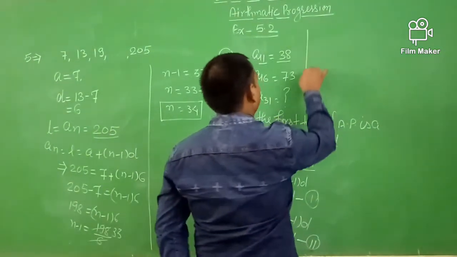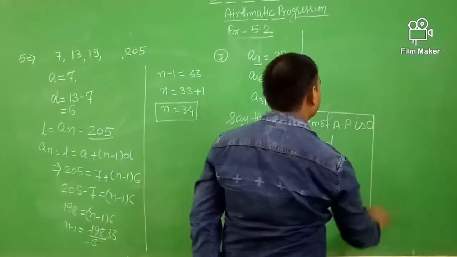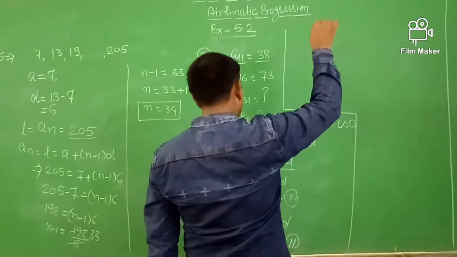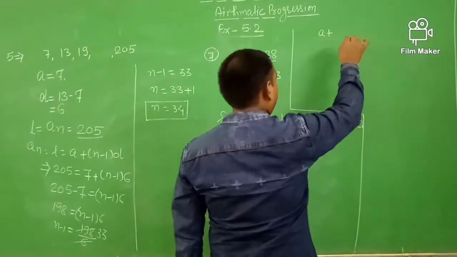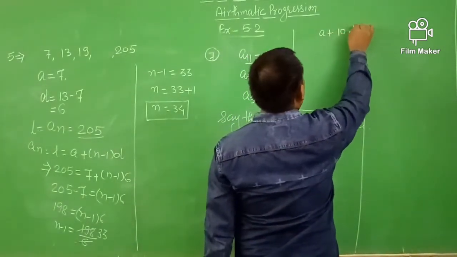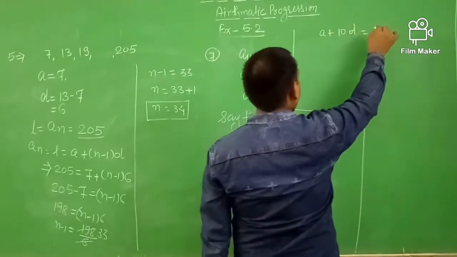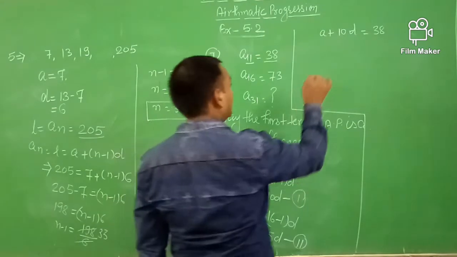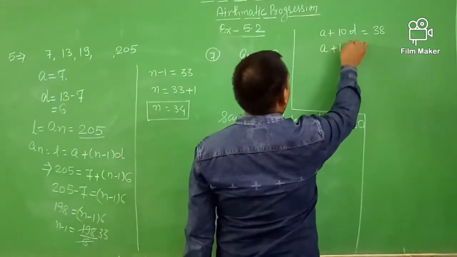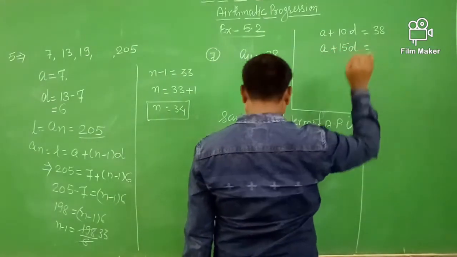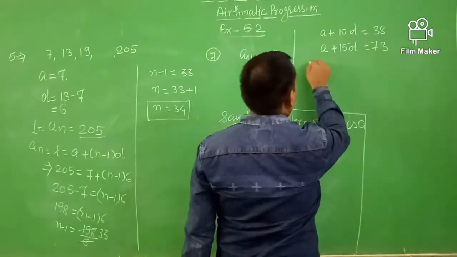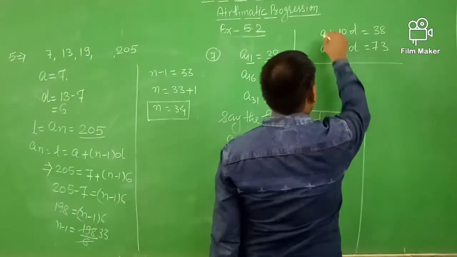If we solve equation number first and second, then equation number first is a plus 10d is equal to 38, and second is a plus 15d is equal to 73. Here the value of a is the same.